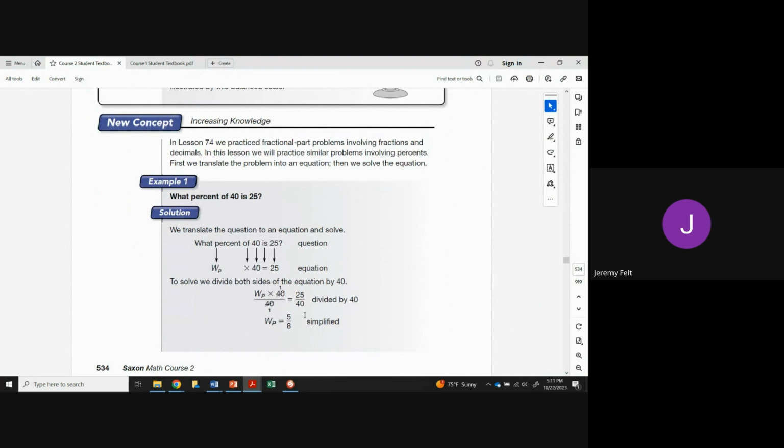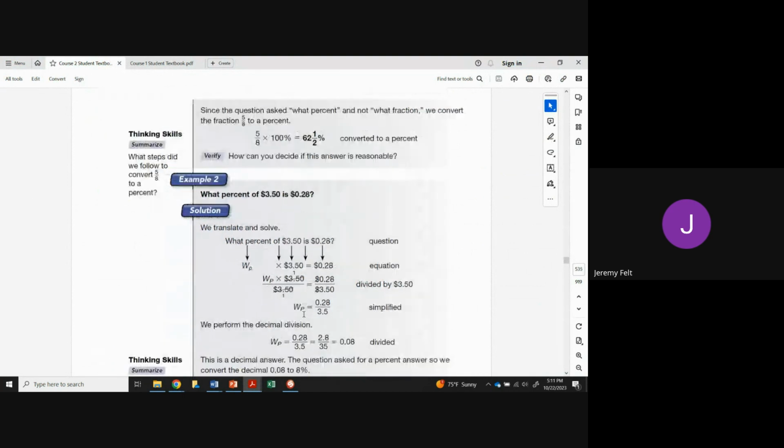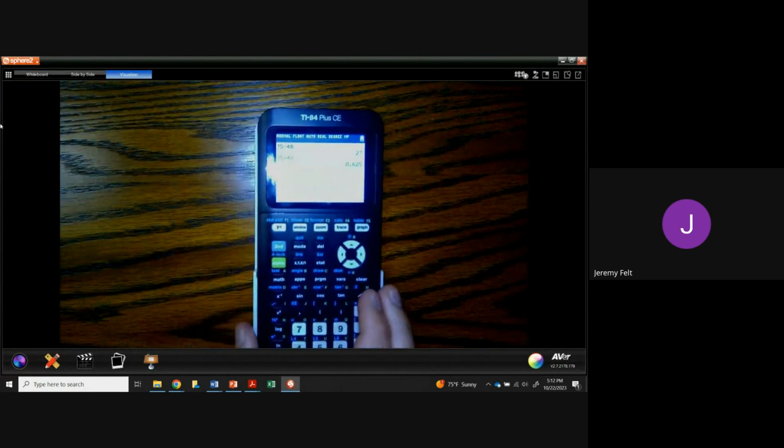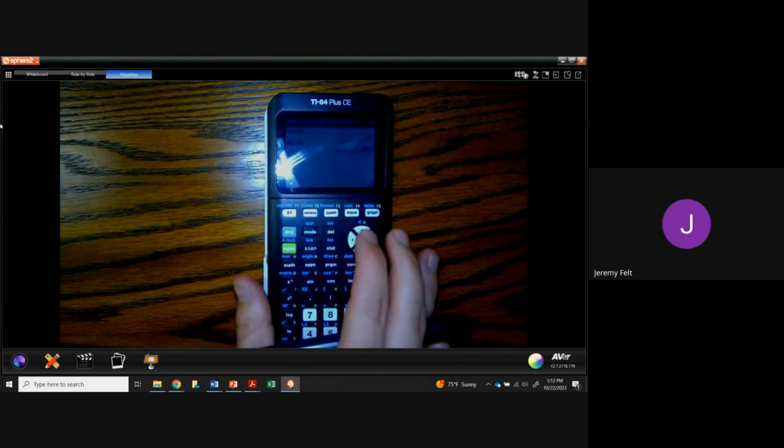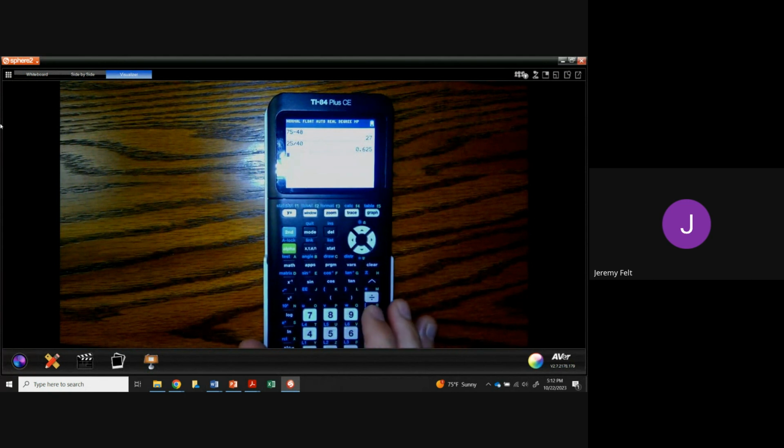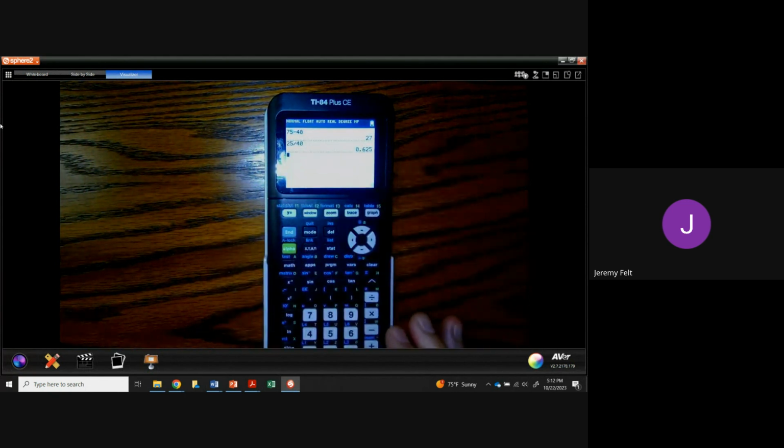And if we would have gotten the fraction, obviously we could have converted that to a percent as well. 5/8 times 100%. I think getting it as a decimal, especially since we're able to use calculators, makes it a lot easier. We just hit 25 divided by 40, hit enter, and then we can mentally move it over, or we can multiply by 100 if we need to see it. 62.5%.